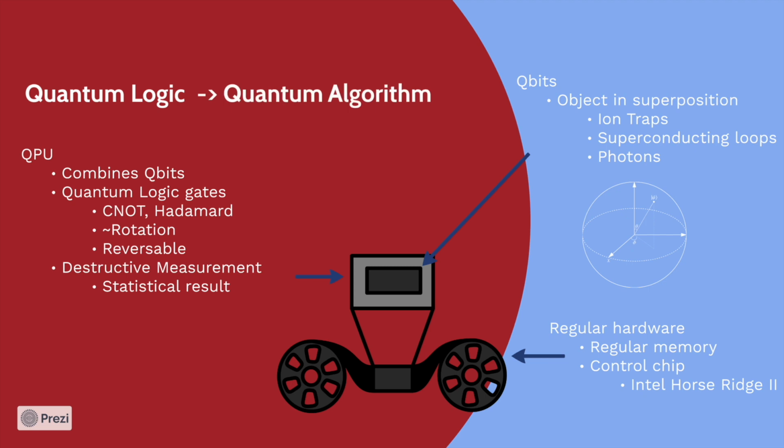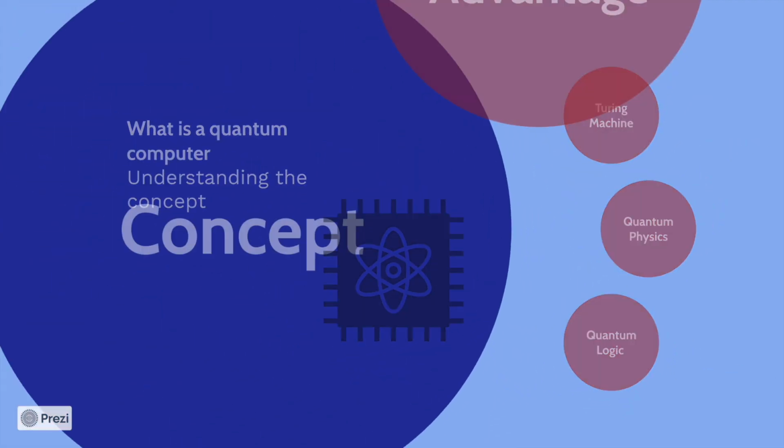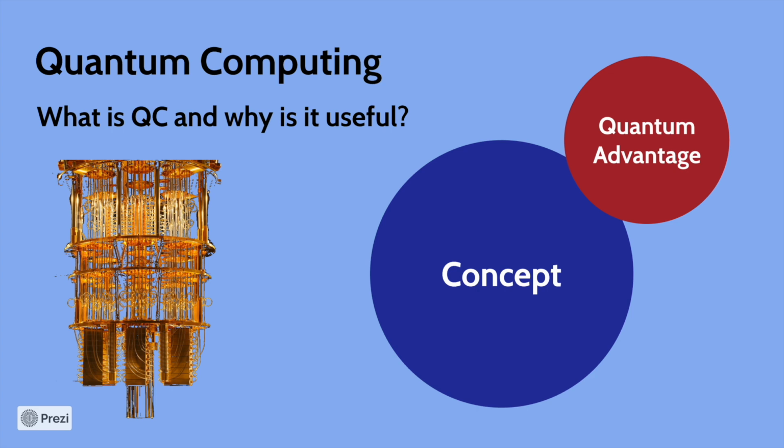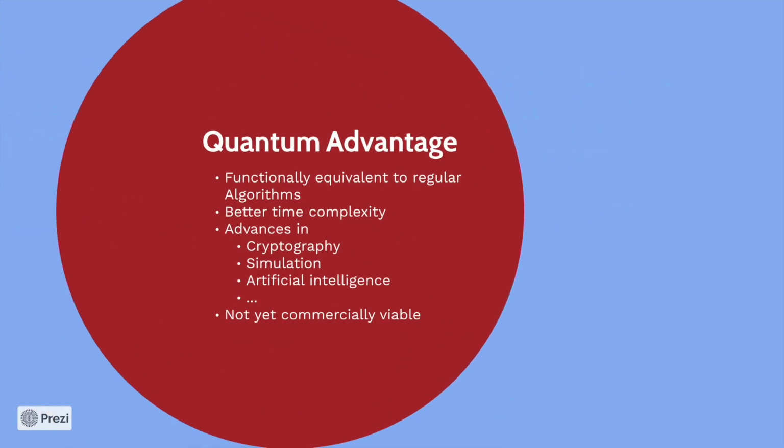While quantum algorithms are functionally equivalent with regular algorithms, meaning that any algorithm can at least theoretically be translated to a quantum algorithm, some quantum algorithms have significantly lower time complexity than their regular counterparts. This results in a difference of the feasibility of certain calculations. This is called the quantum advantage or quantum supremacy.